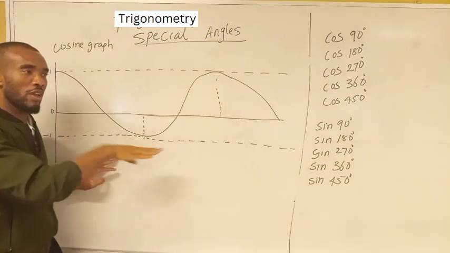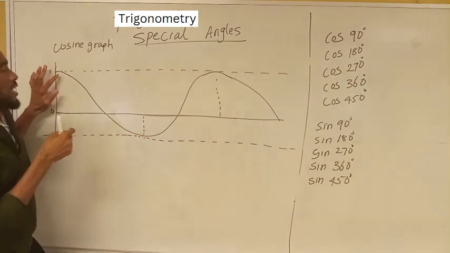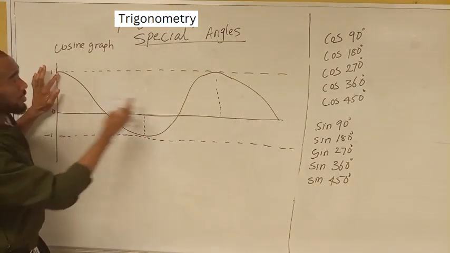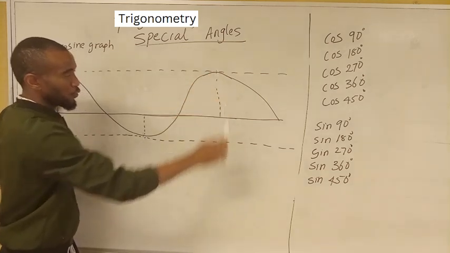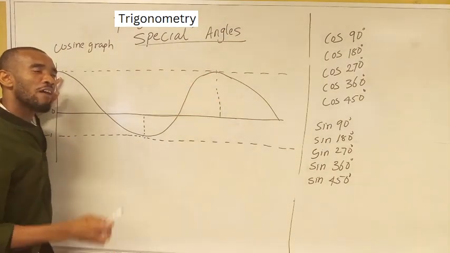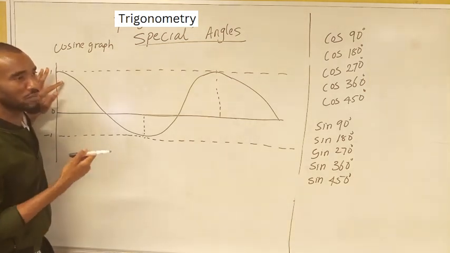It is a wave. This is in a waveform, and this from here to this place is what we call a wavelength. If you've done physics, you understand what I mean by wavelength.